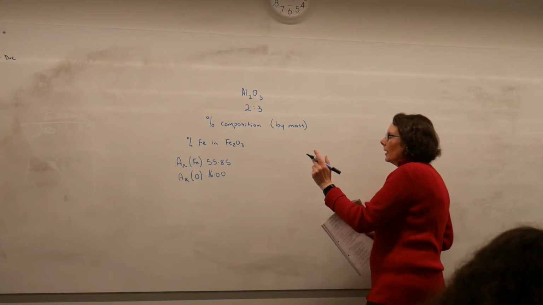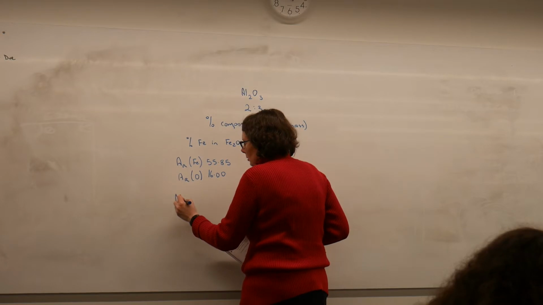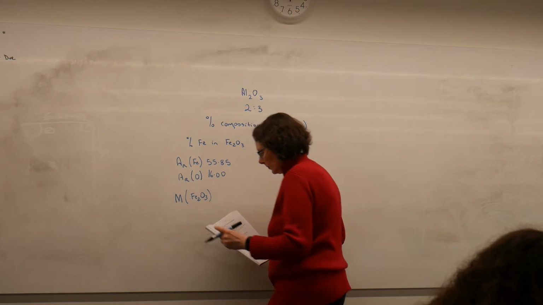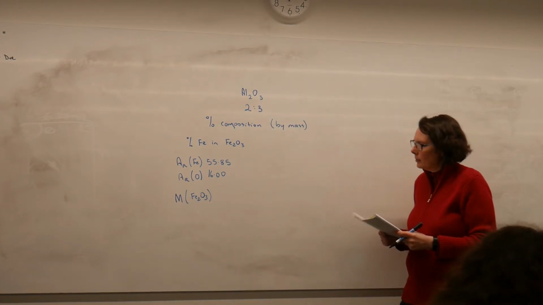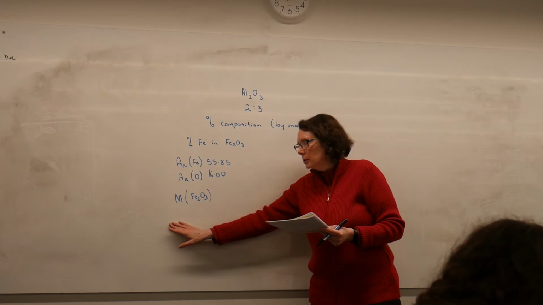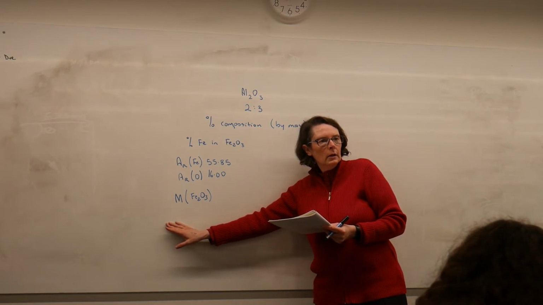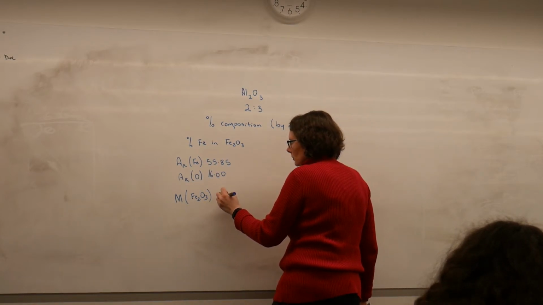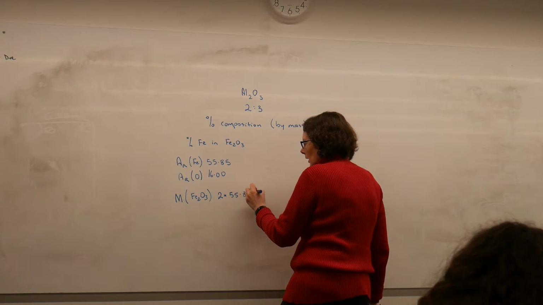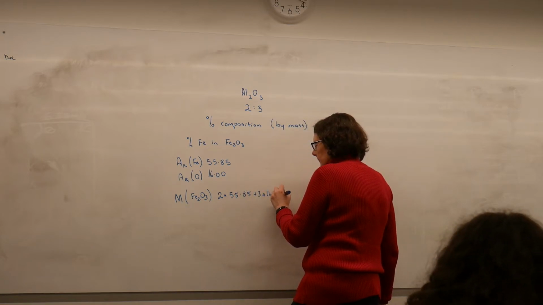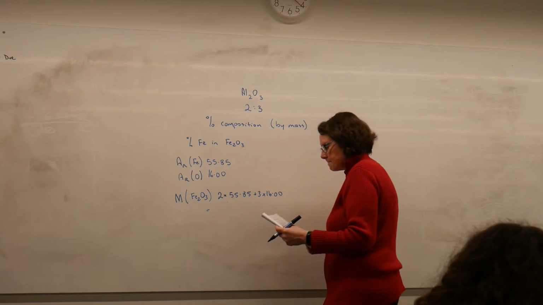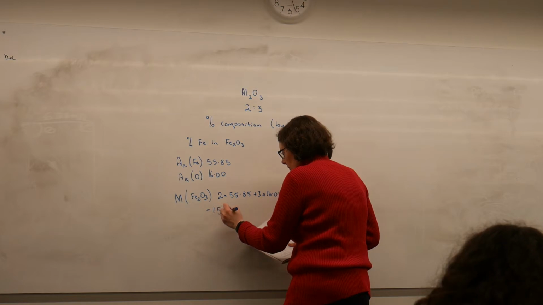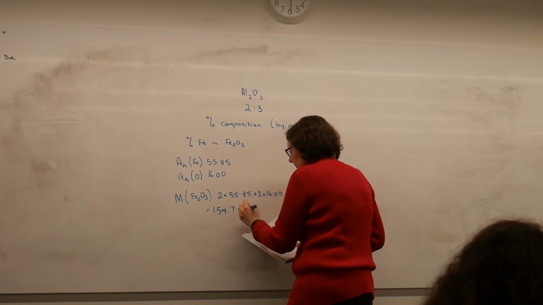So we start out by calculating the molar mass of the iron oxide. Remember that the molar mass, we use the capital M for that. And with this information, it's going to be 2 times 55.85 plus 3 times 16 will give us 159.7 grams per mole.